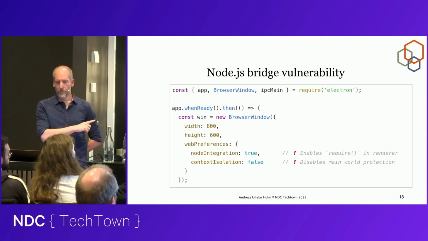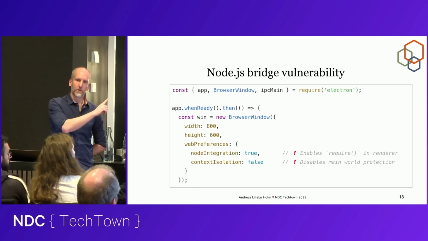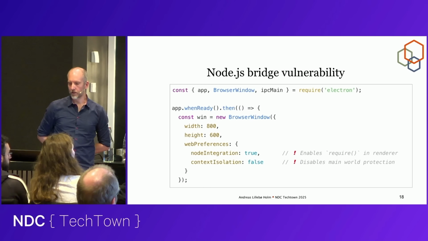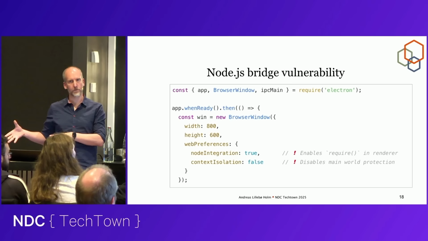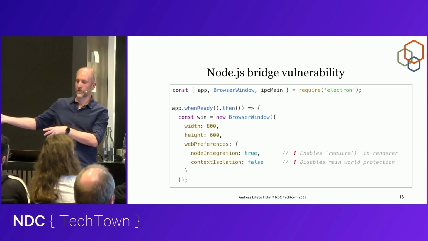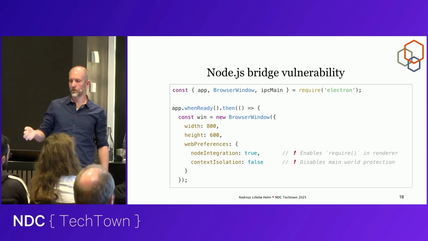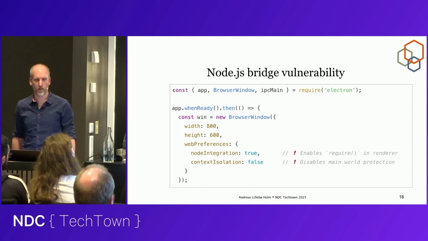It's because there are some parameters that you have to set correctly when you build the application to make all the security parameters right. When you have node integration set to true, you enable the require in the renderer, and that makes it possible for every front-end script to call require.